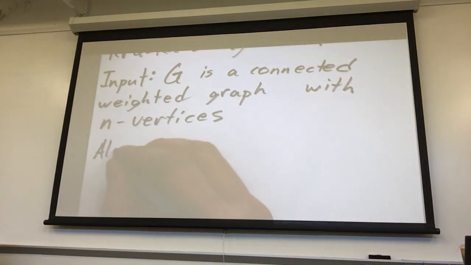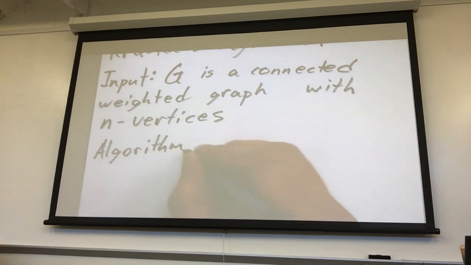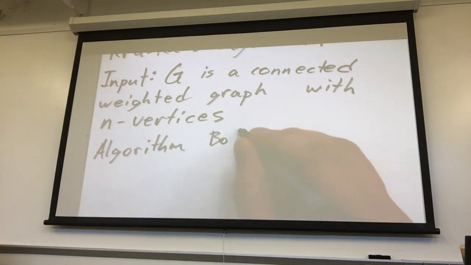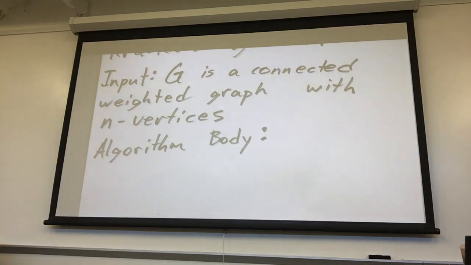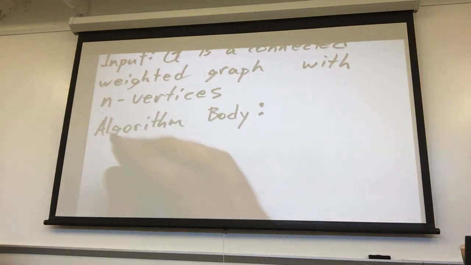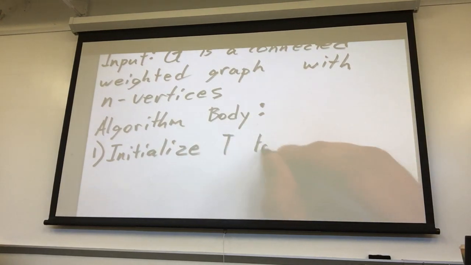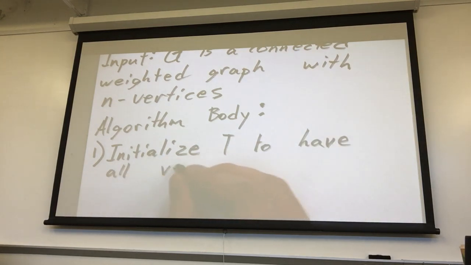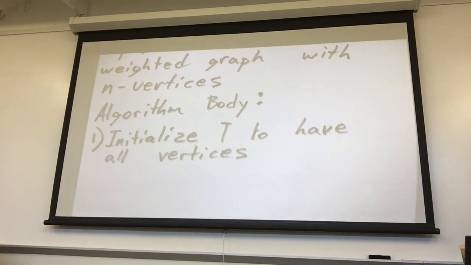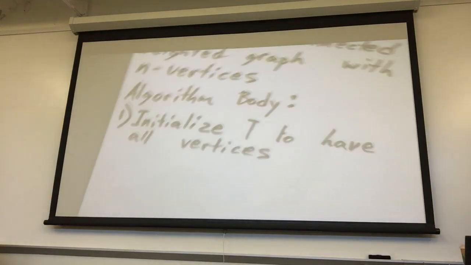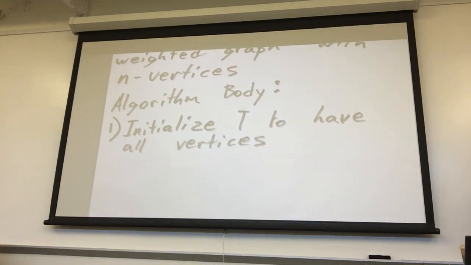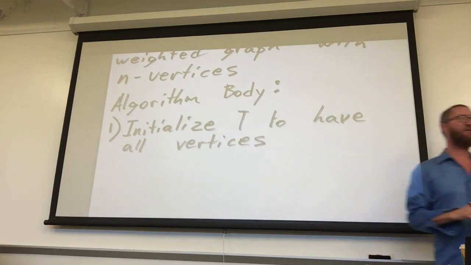And then we would have the algorithm body. The first thing would be to initialize T. When we talk about initializing T to have all vertices, you can initialize this as an array.